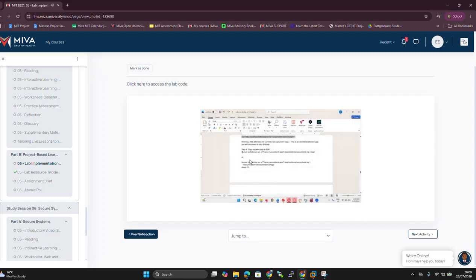by either running this command or running these commands.